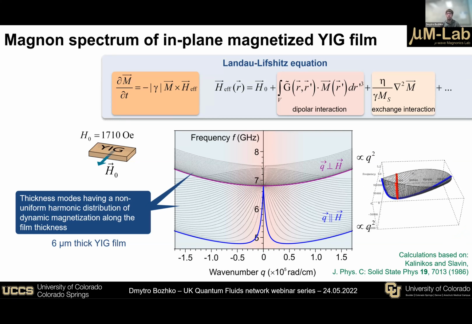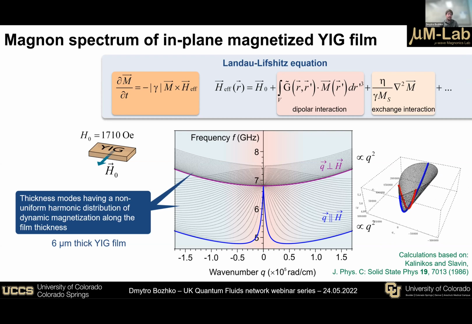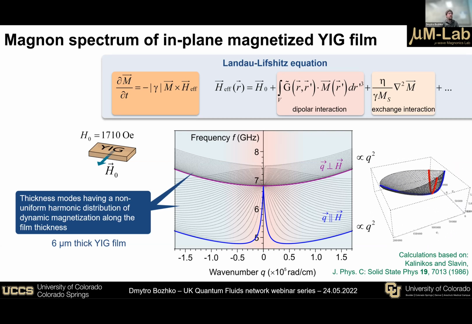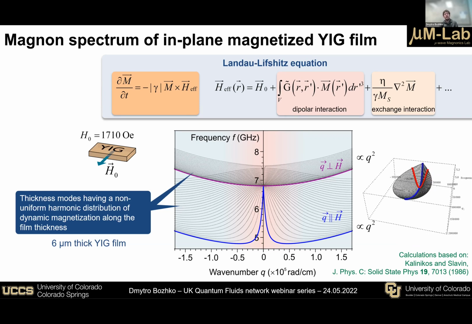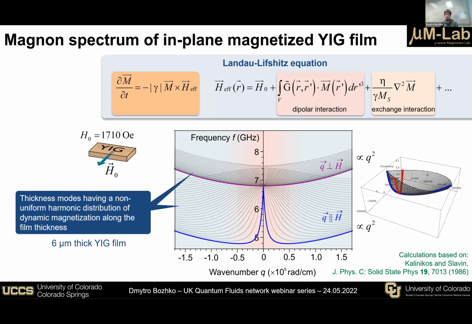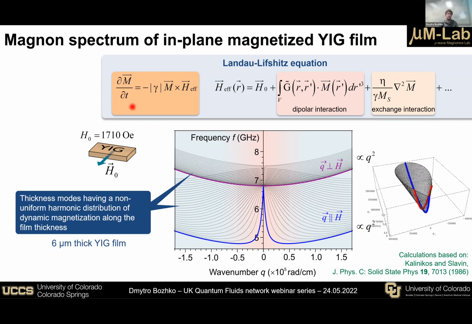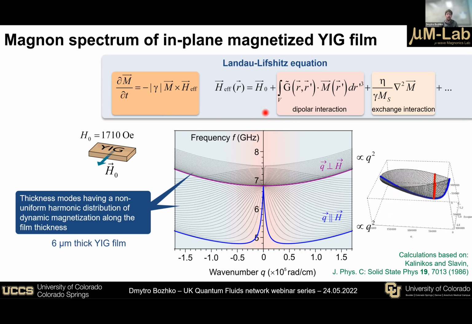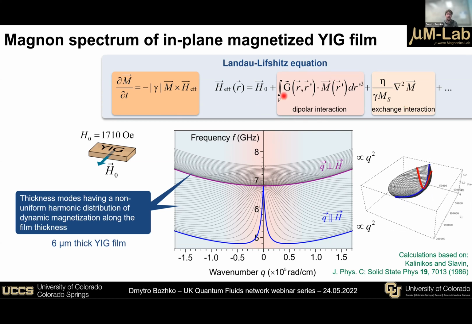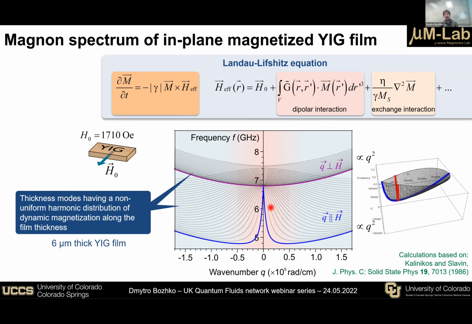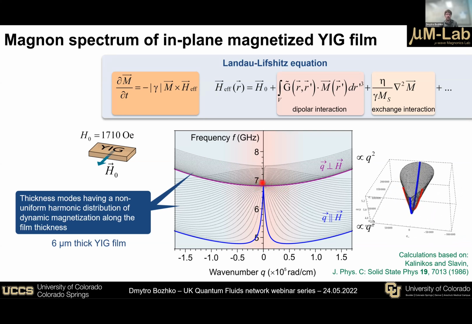Magnons in yttrium iron garnet, and in any ferromagnet actually, have a quite interesting and anisotropic spectrum. If you solve the Landau-Lifshitz equation, including all the fields and boundary conditions for the thin film, you end up with a dispersion which looks like this.